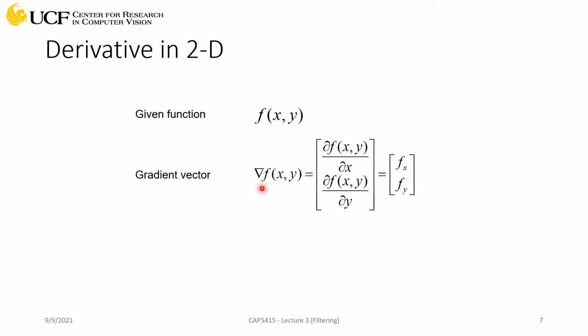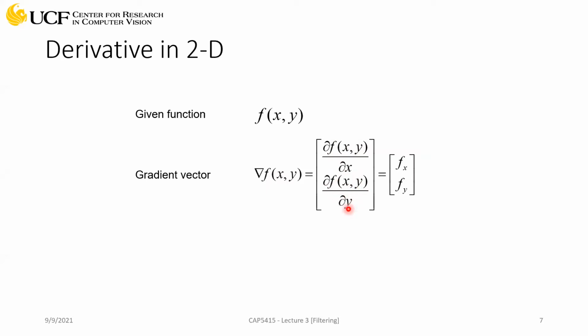So what you do here is compute the derivative in 2 directions. The first value is the partial derivative of the same function with respect to x. This is similar to computing a derivative in 1 dimension, and that will be the first value in the vector. Then you compute the partial derivative with respect to y.